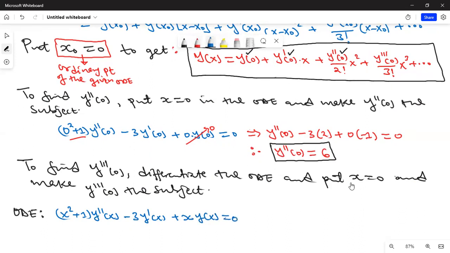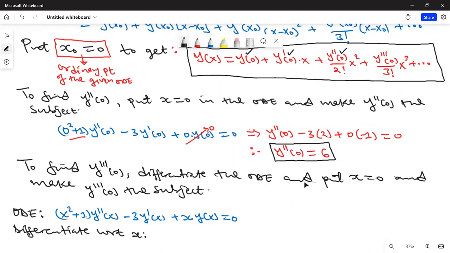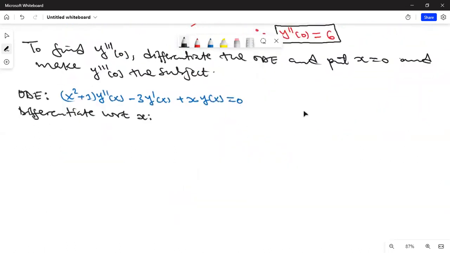So we differentiate both sides with respect to x. You know how to differentiate implicitly. Let's start with the first term.